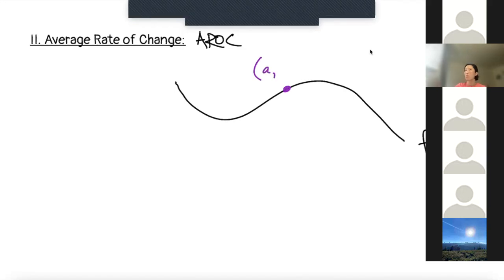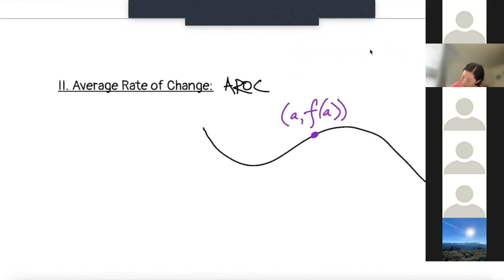What would I call the y value of this point? Yes, f of a, exactly. So we have a, f of a. That's one point. What about another point somewhere else on the graph?